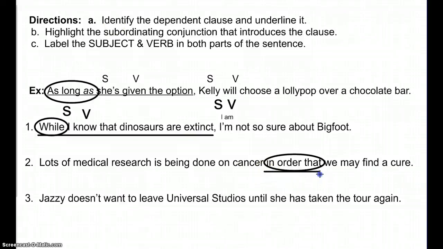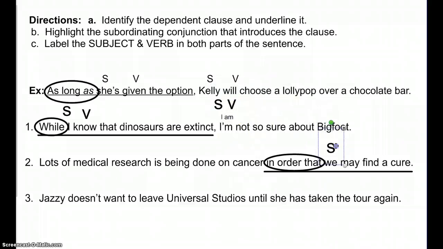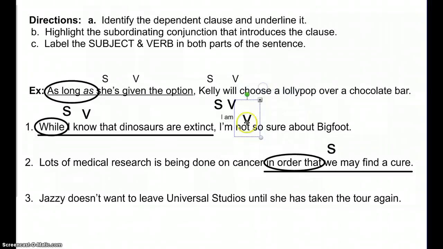In order that what? In order that we may find a cure. Now if that's the dependent clause, we have to find the subject and the verb. We is the subject. And what do? We find, but there's actually a helping verb there.